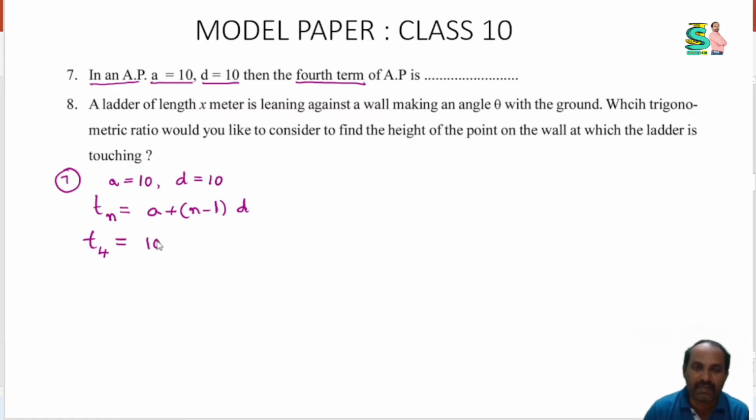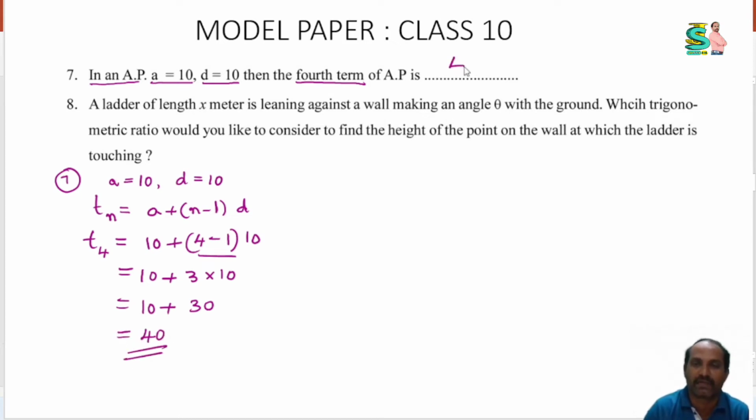A value is 10 plus n value 4, because we compare it with the fourth term. D value is also 10. So the fourth term is 10 plus 4 minus 1, which is 3, into 10. So 10 plus 3 tens, 30. 10 plus 30 is 40. So our answer is 40. The fourth term of the AP is 40.